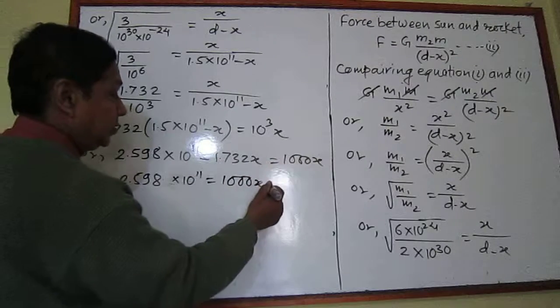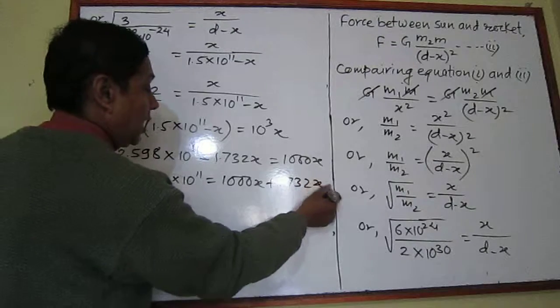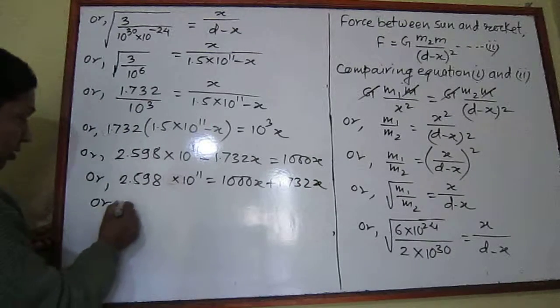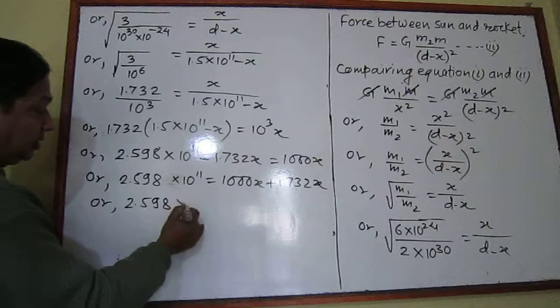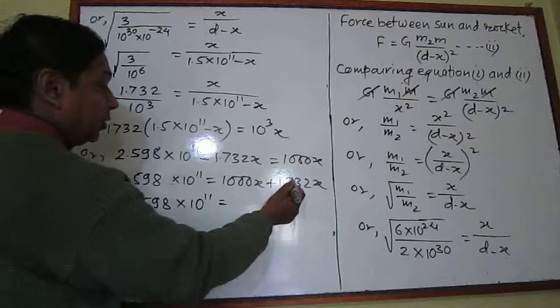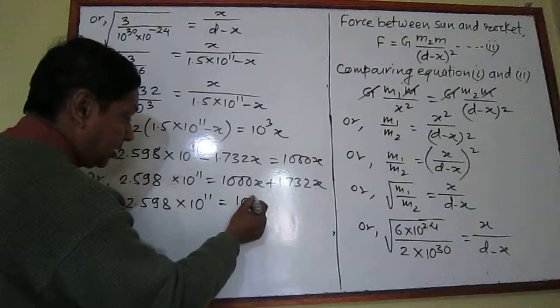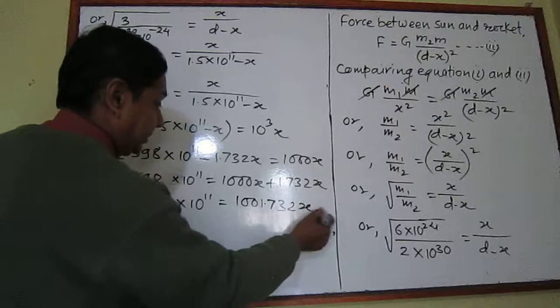1000x. If this is taken to the right hand side, then we have plus 1.732x, or 2.598 into 10 to the power 11 is equal to 1000 plus 1.732, which becomes 1001.732x.